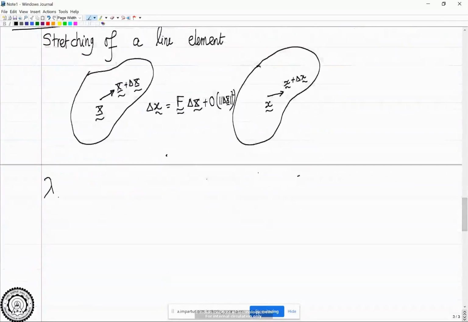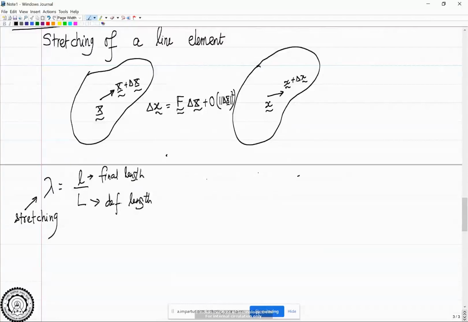So lambda signifies stretching. This is equal to small l by capital L, where small l is the final length and big L is the deformed length.